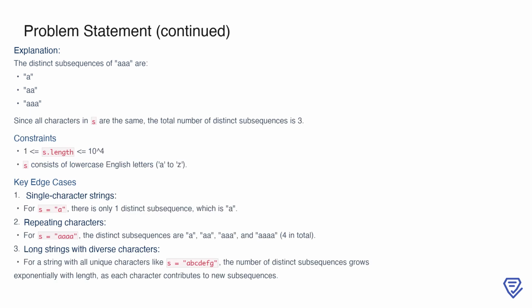Let's summarize the constraints and some key edge cases to consider. First, for strings of length 1, like S equals A, there is only one distinct subsequence. When characters repeat, such as in S equals AAA, the unique subsequences are A, AA, and AAA. For strings with all unique characters, like S equals ABCDFG, the number of distinct subsequences grows exponentially as each character adds new combinations.